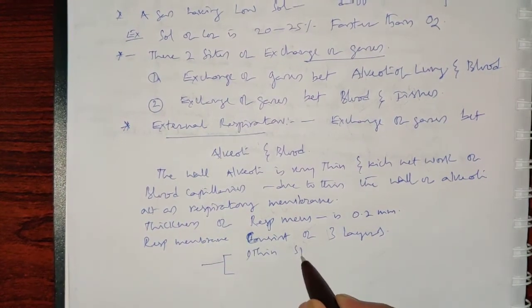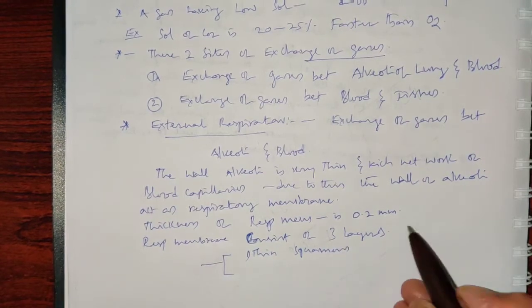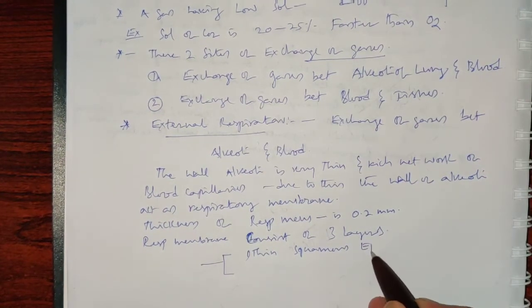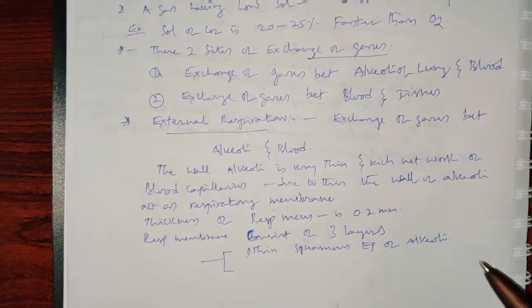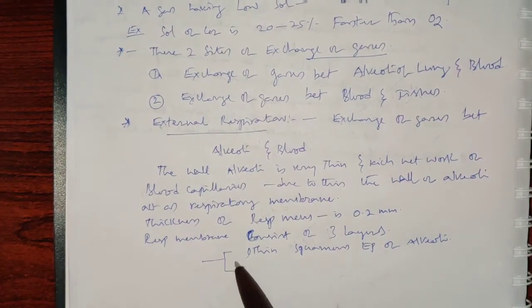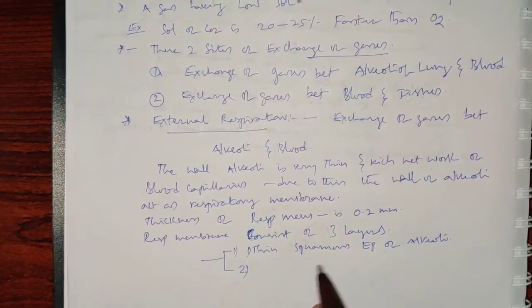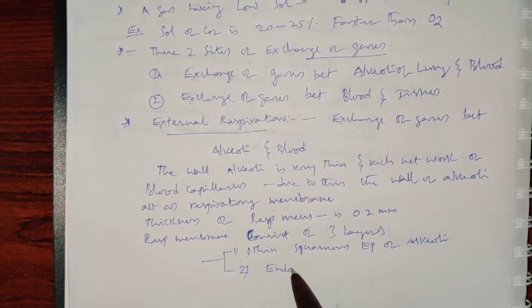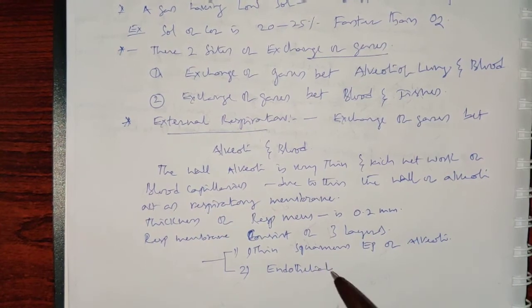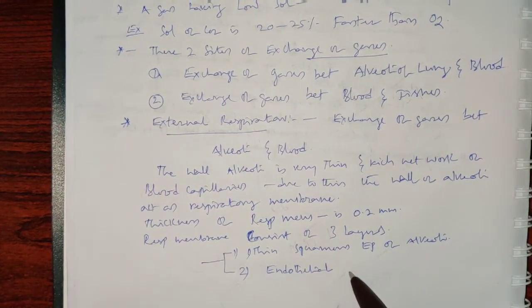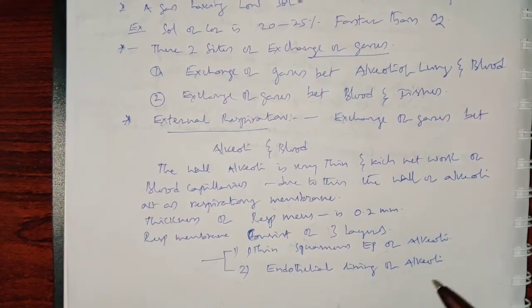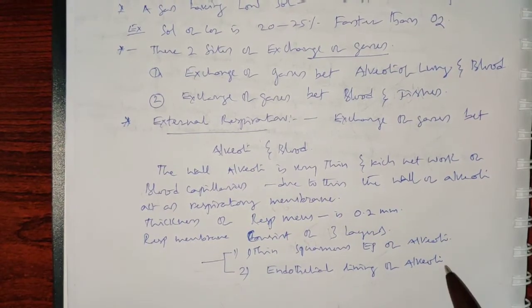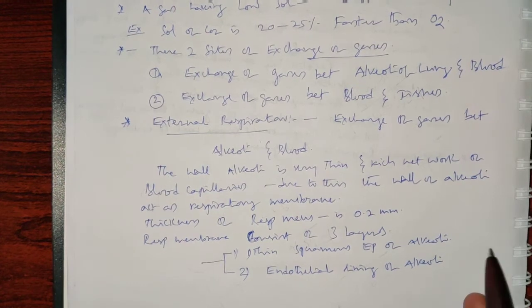One is the thin squamous epithelium of alveoli. Number 2 is the endothelial lining of the alveolar capillaries.